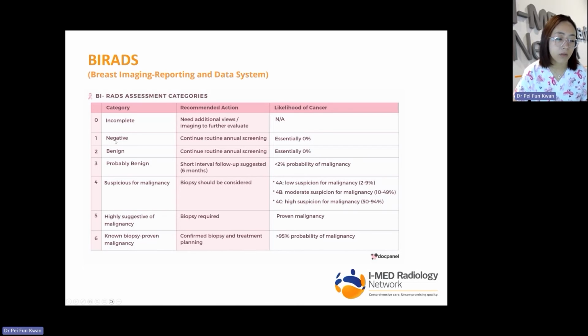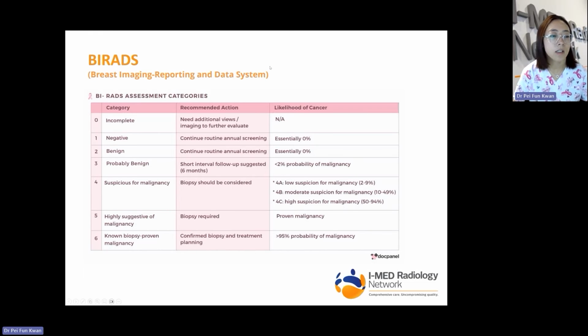So in BreastScreen, where I work in Victoria, we only use category 1, 2, 3, 4, 5, whereas the BI-RADS classification has 0 and 6. 0 means incomplete assessment. We need to wait for previous images to compare with before we can decide to biopsy any lesion. And BI-RADS 6 means the lesion has already been biopsied and proven to be malignant.